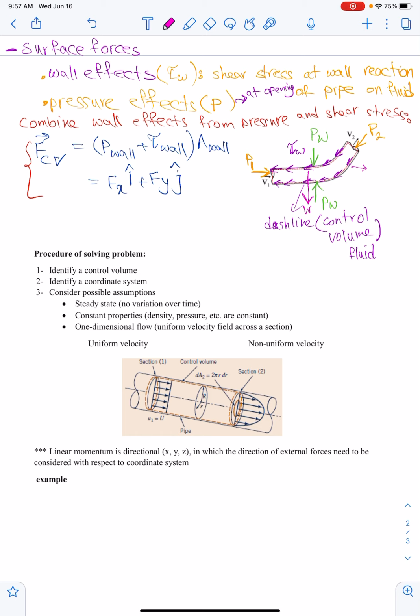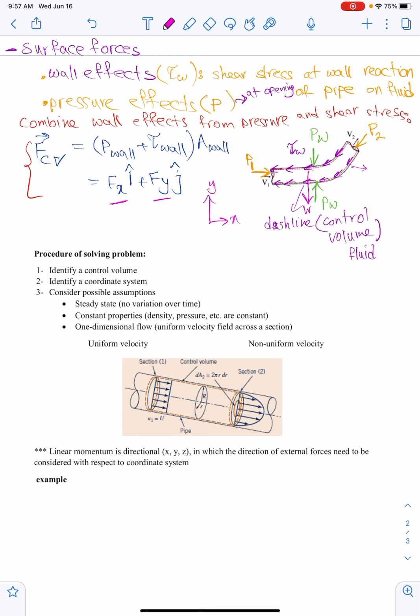And then we also need to identify the coordinate system, something simple, like this is x and this is y, because when we want to use the forces, we need to know the direction. And then we also need to consider all of the possible assumptions that we can have.